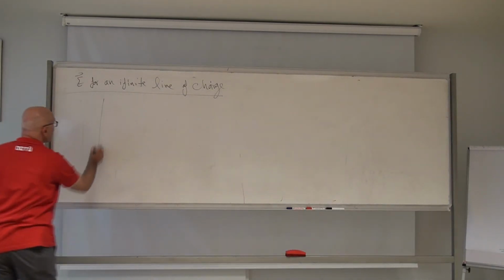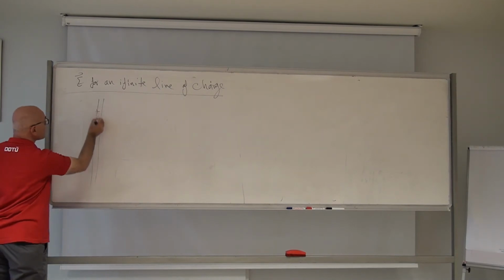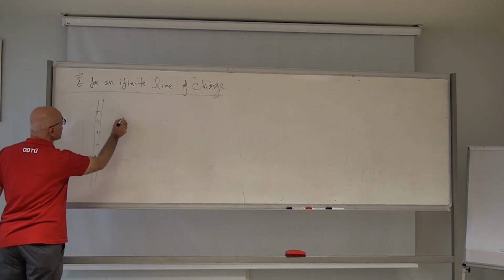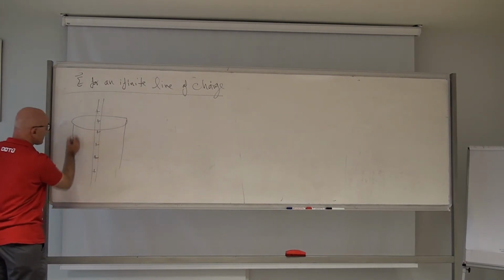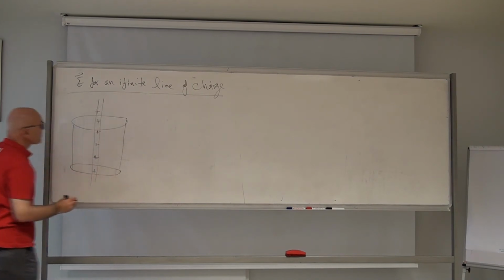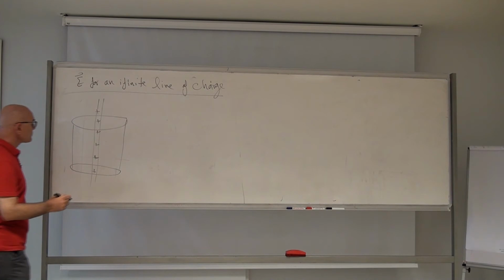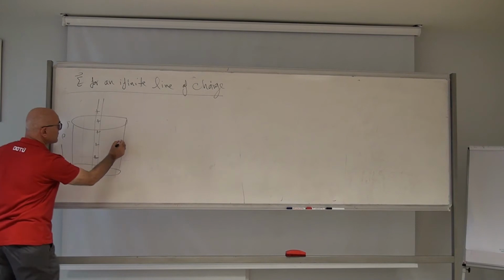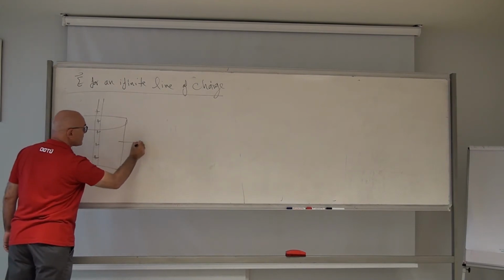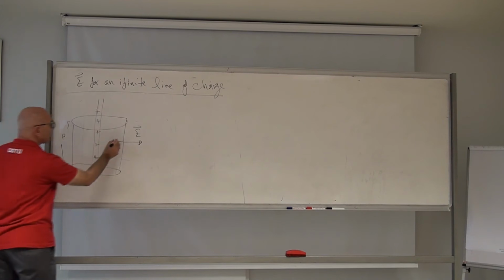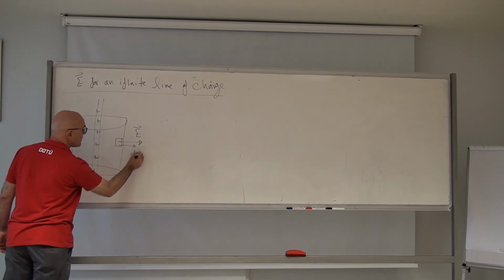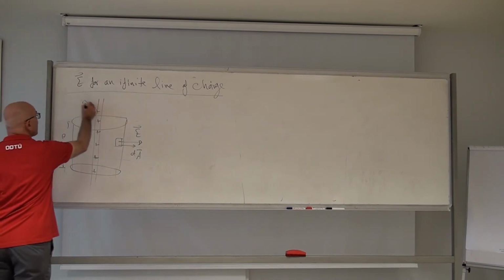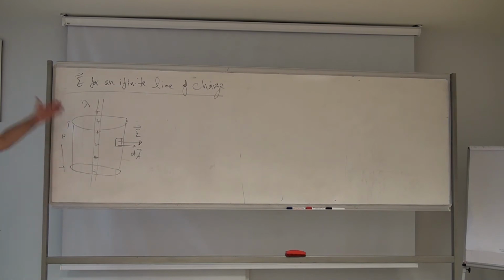This is my line of charge, and this is my Gaussian surface with length L. The electric field at the surface here, if I take a dA here, this is A and this is dA. Now I apply Gauss law. I know that the uniform charge density is sigma.